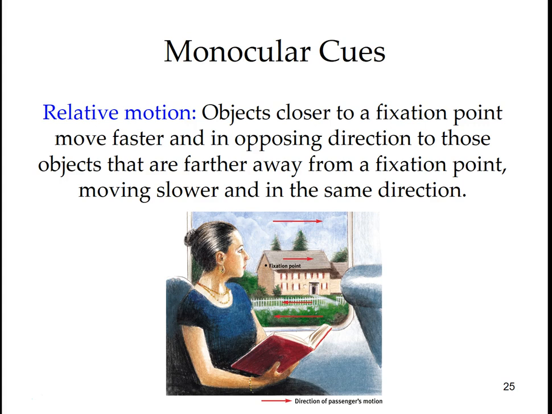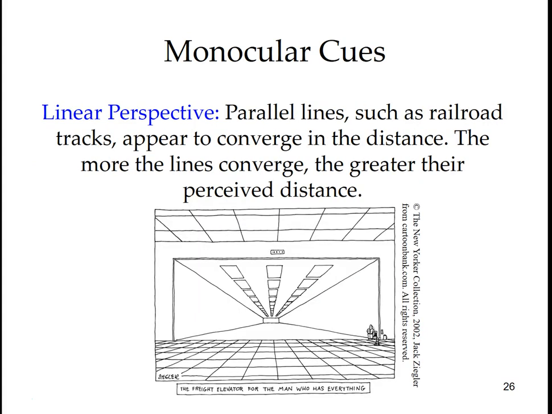Relative motion: objects closer to a fixation point move faster and in the opposite direction to those objects that are farther away from a fixation point, which move slower in the same direction. Linear perspective: parallel lines such as railroad tracks appear to converge in the distance. The more the lines converge, the greater the perceived distance.